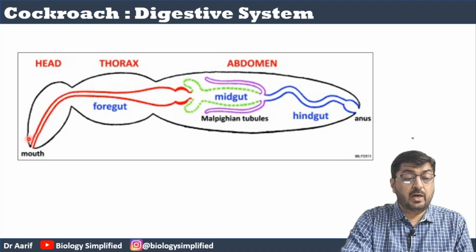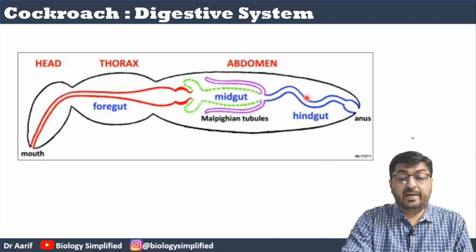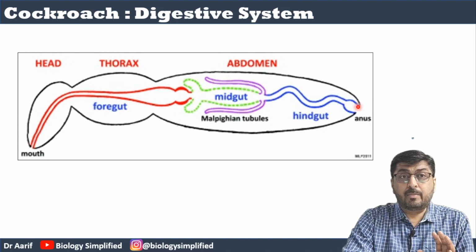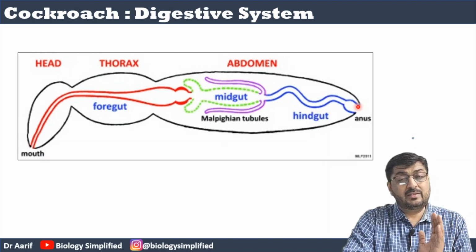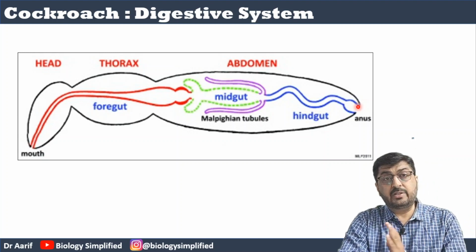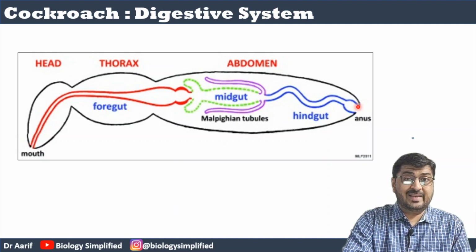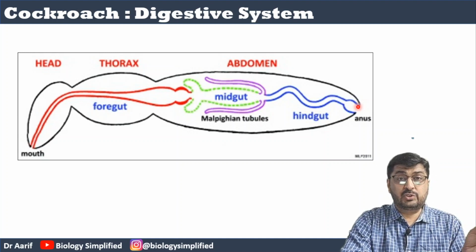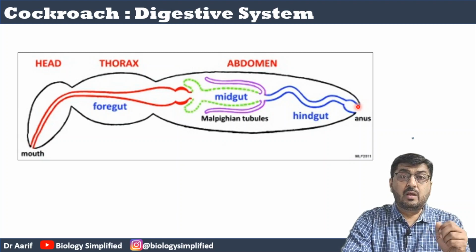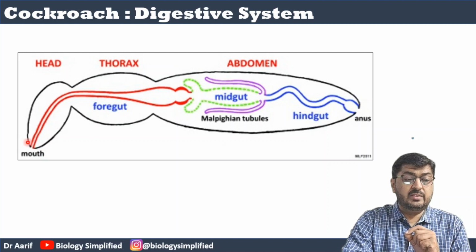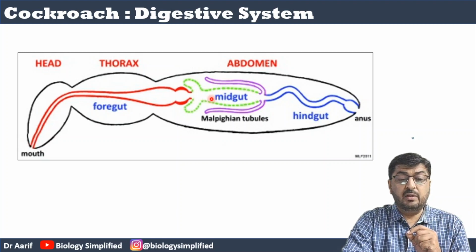We've got the foregut, the midgut, and the hindgut. Mind you, this is the alimentary canal. Like us, the cockroach has an alimentary canal extending from mouth to anus and accessory glands which help in digestion, similar to what we have. The alimentary canal is made up of the foregut, the midgut, and the hindgut.